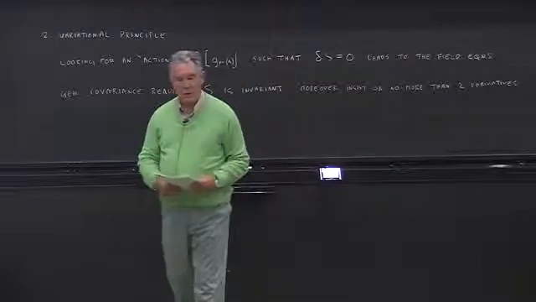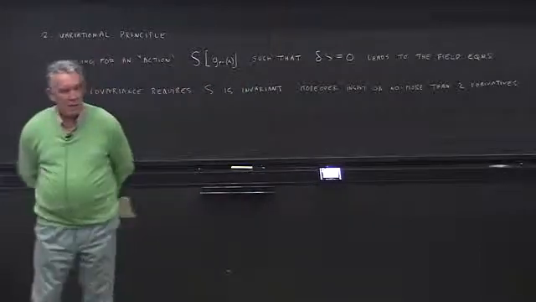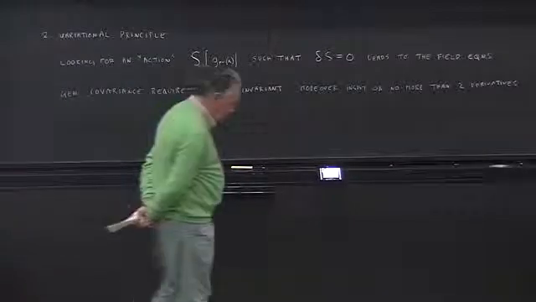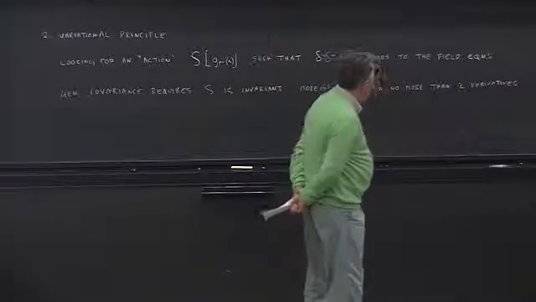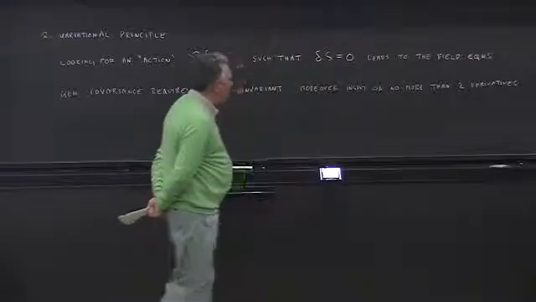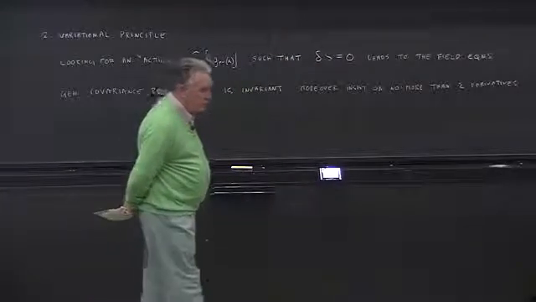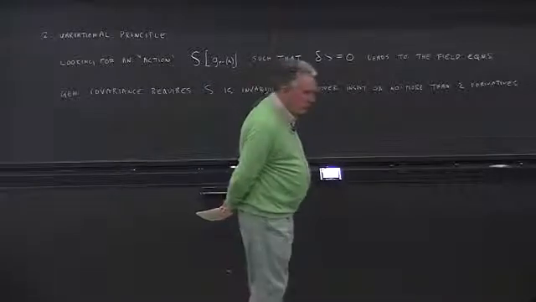Why do we insist on no more than 2 derivatives? Well, that's because we know the answer to some extent. We want to have second-order differential equations. But what exactly do you mean when you say insist on no more than 2 derivatives?